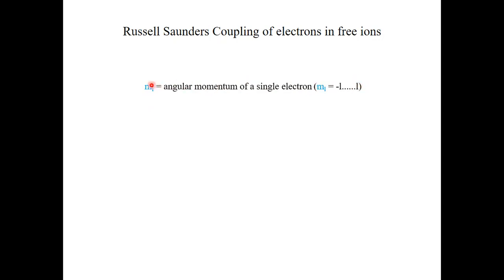And ml can therefore run between -2 and +2. That's why we have five d orbitals. Now when we have multiple electrons, the angular momentum of all the electrons just adds up. And that gives capital ML, which is called the total orbital angular momentum, now considering all electrons.